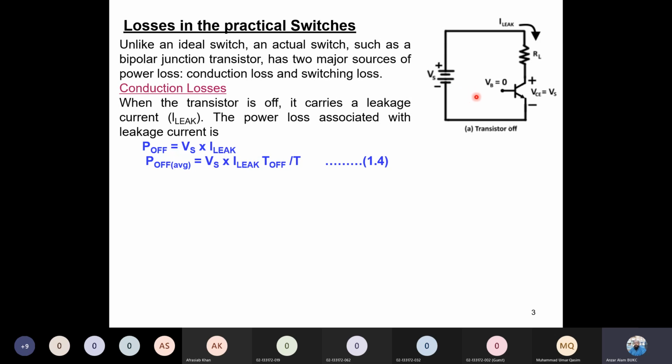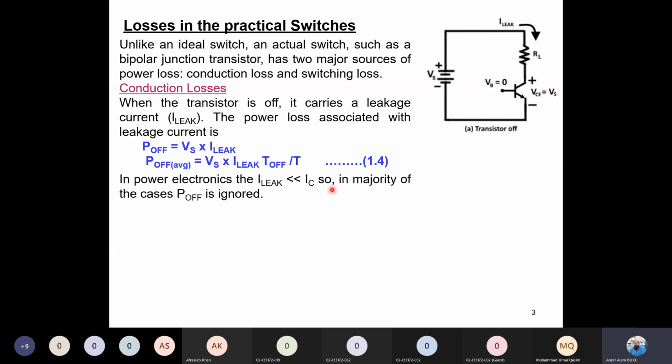So we must calculate for the off cycle as well as for the on cycle. For the off cycle, Vs times I leak, and how will the average be found? You will multiply this off cycle by the time T off, because we need to calculate the average, so you will divide by the total time, right.